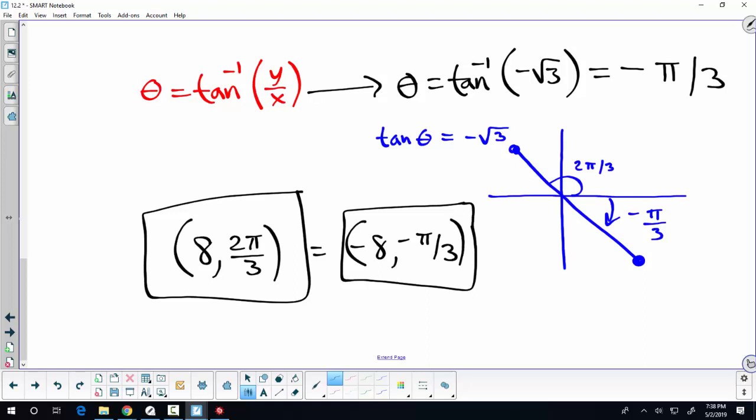When we convert to rectangular, we've got to make sure that the polar point we describe is the right one, because the inverse tangent's funky, we get two radii, plus or minus. You just got to make sure whichever point you describe, you put them in the right combination of r and theta. Because if we said 8, negative pi over 3, we're describing this point, and that's not the point for negative 4, 4 root 3.